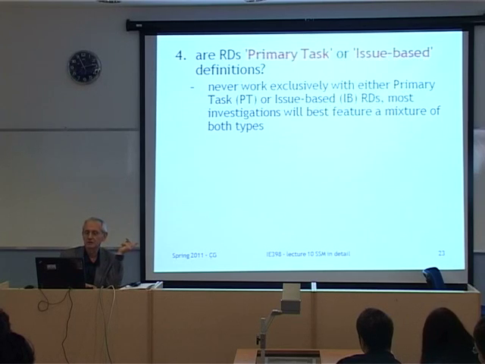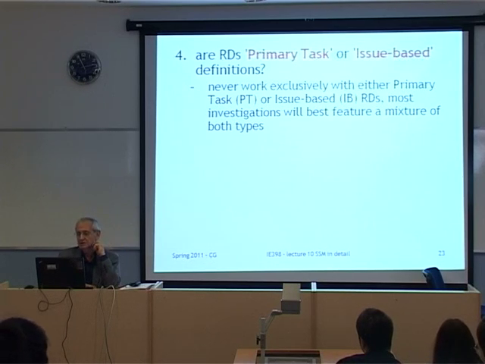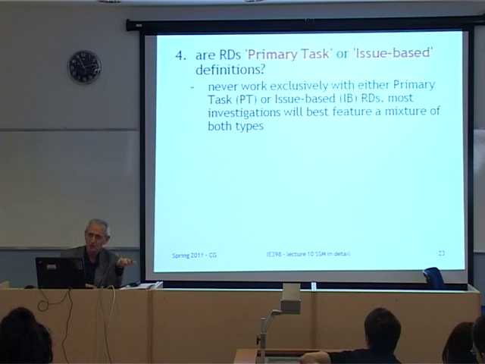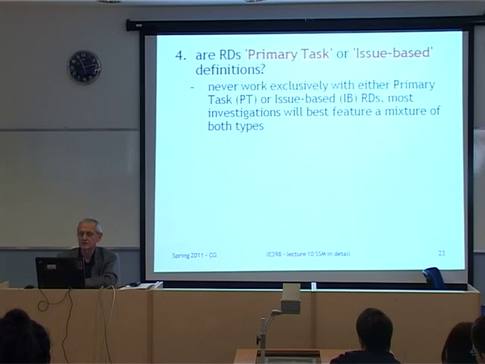It says, never work exclusively with either primary task or issue-based root definitions. Most investigations will best feature a mixture of both types. So normally, root definitions will include physical activities and also decision or mental activities. So they are, but it is useful to make this distinction and understand this.